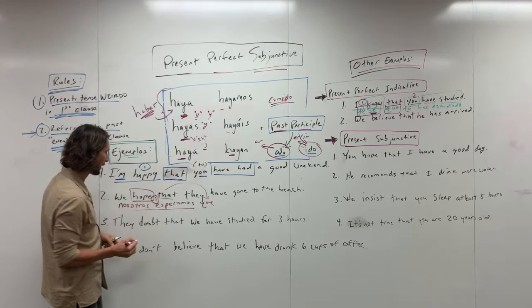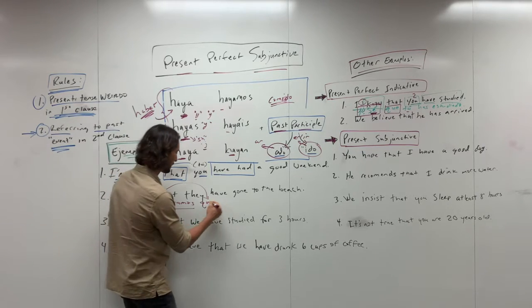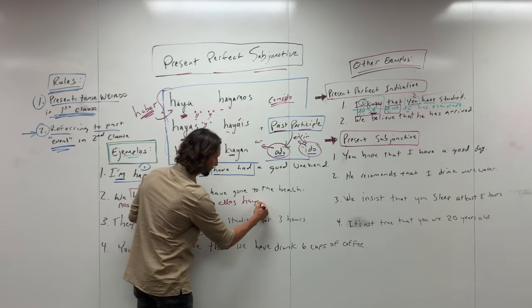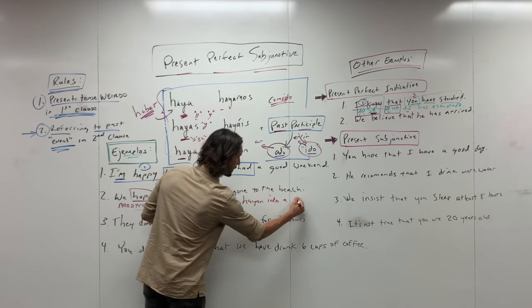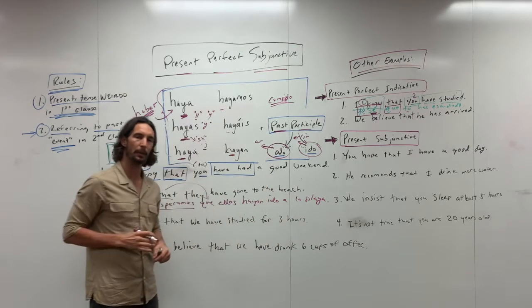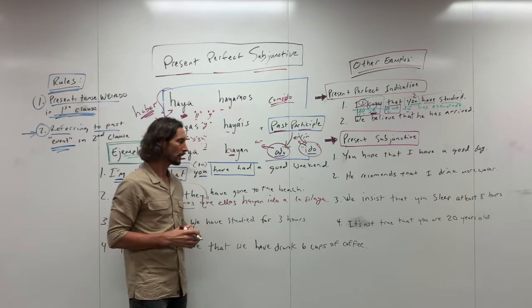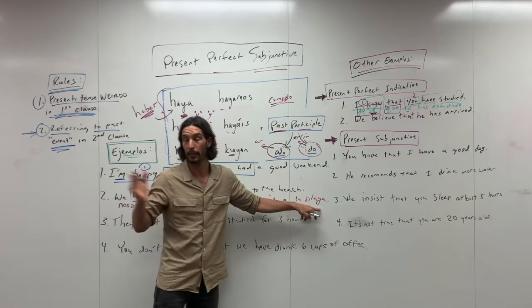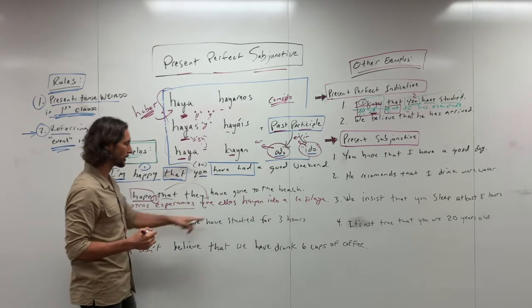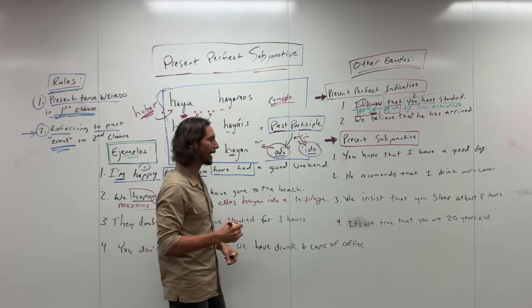We'll even write a 1 there. Nosotros esperamos que they, so we'll just say ellos, hayan ido a la playa. Right? And again, notice that the y in playa will be pronounced differently across the Spanish-speaking world. And so, nosotros esperamos que ellos hayan ido a la playa.